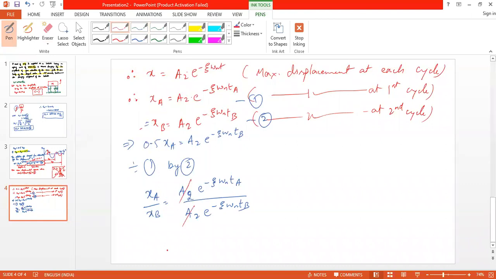So here A2 will get cancelled, and in place of XA I can write 0.5 times XB. Can I bring this e power minus zeta omega n t to the numerator? Yes, sir. That gives e power minus zeta omega n, tA minus tB.